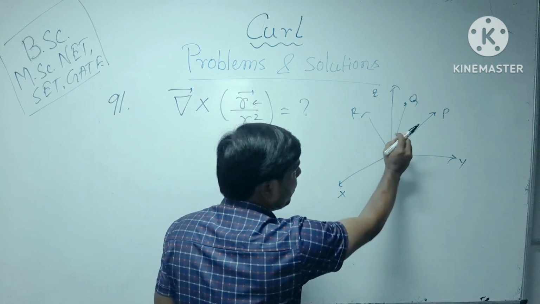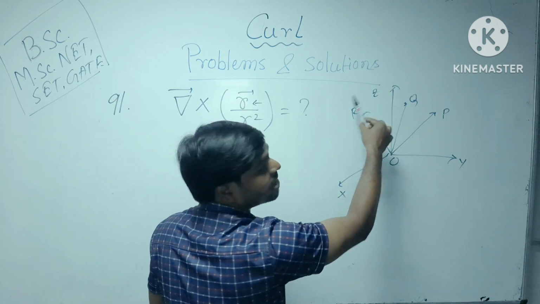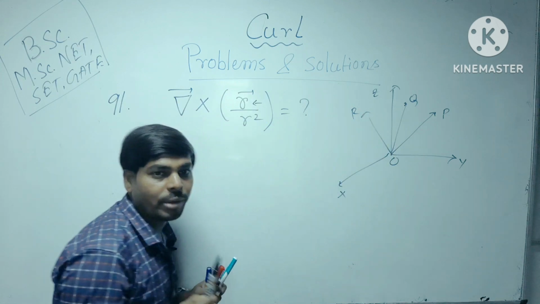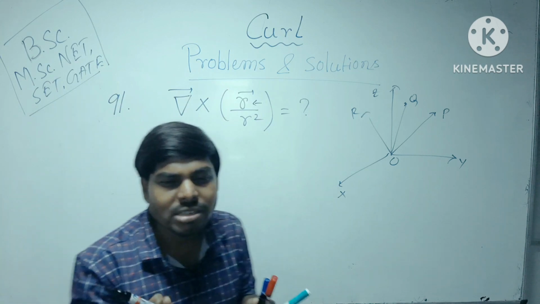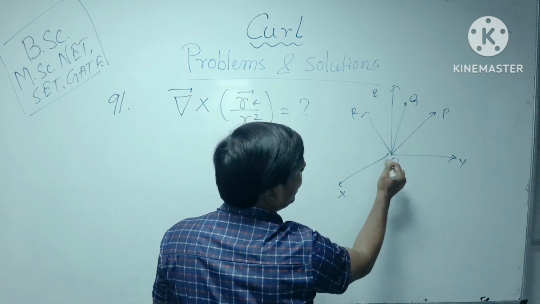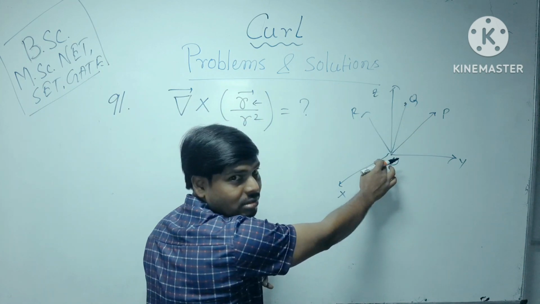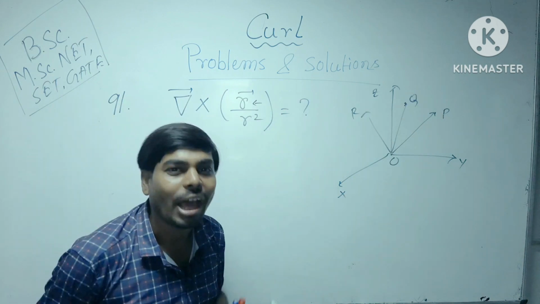And if you take the curl of this position vector, you will never find these position vectors rotating. What does curl denote? Curl means the rotation of the vector field, but all these vectors originate from the origin, and they go outwards in 3 dimensions.